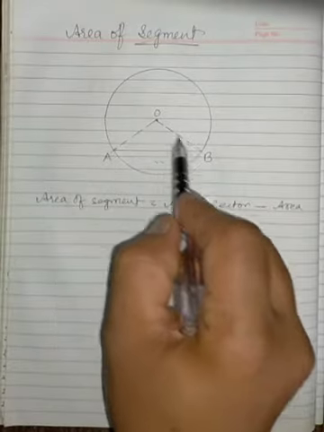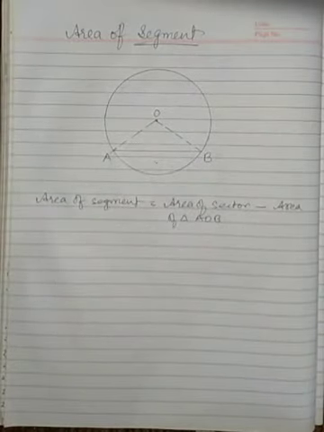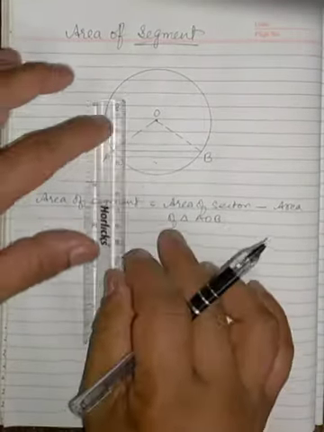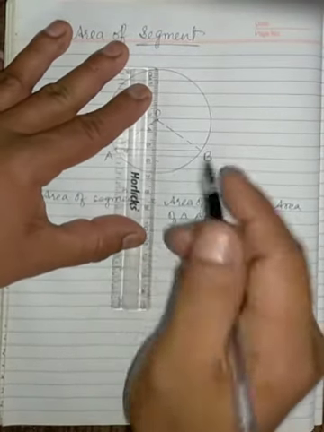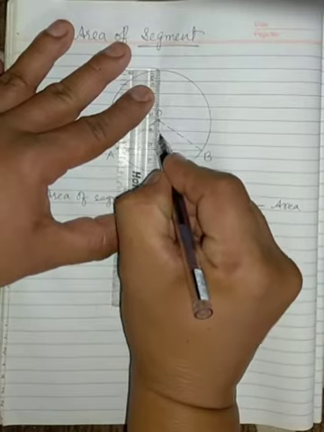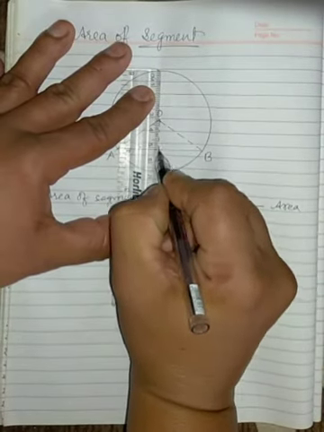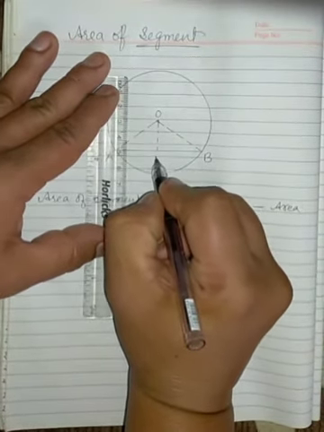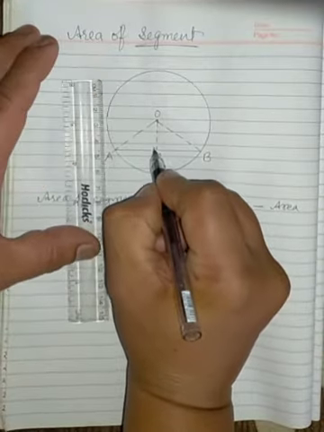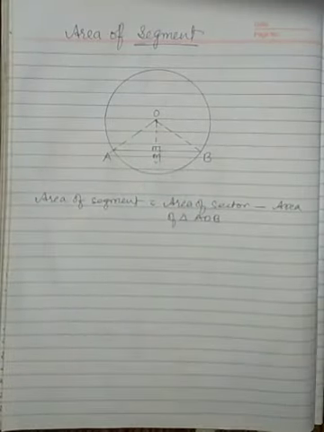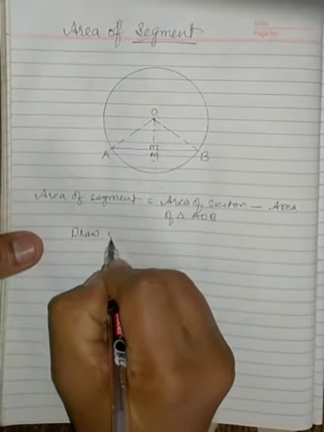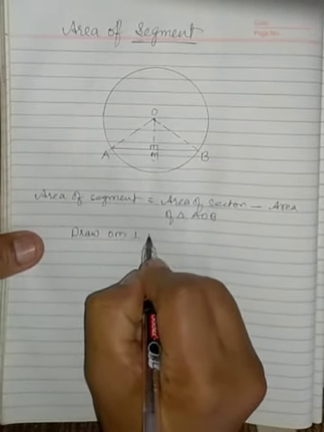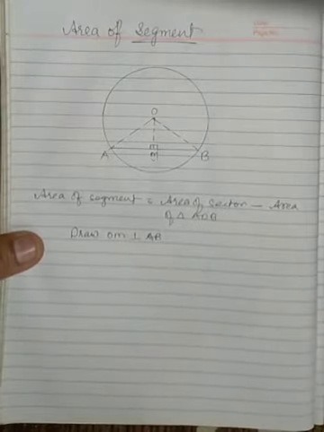Now how to find out the area of triangle AOB? For this, if we get any question like this, we will draw a perpendicular from center O to the chord. Let this be M. Draw OM perpendicular to AB.